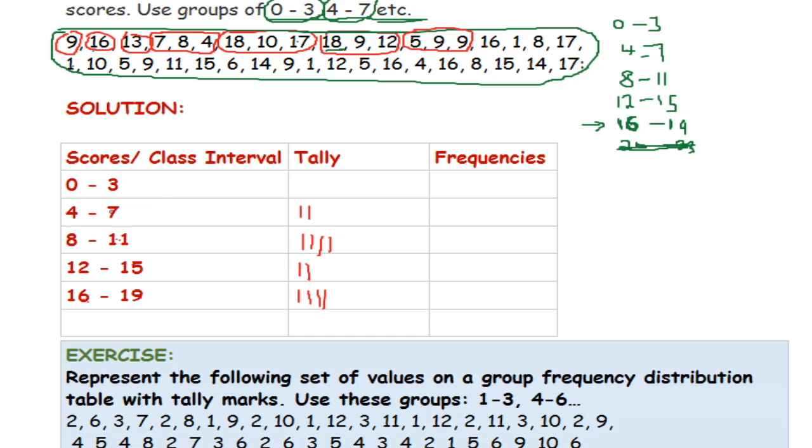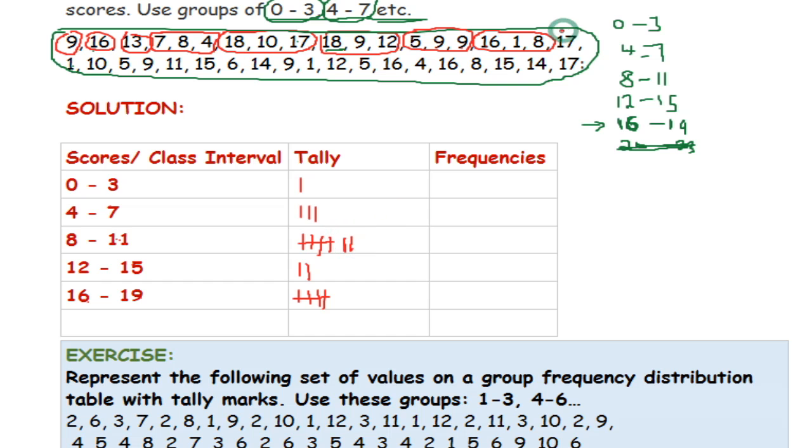Five can be found here, and 9, 9 can be found between 8 and 11. Because I have 4 strokes already, I'm going to draw another stroke to cross it out, which makes it 5. The second 9 here will be represented by another stroke. Then 16, 1, 8: 16 here, 1 here, and 8 here.